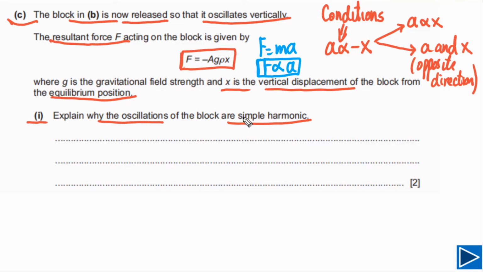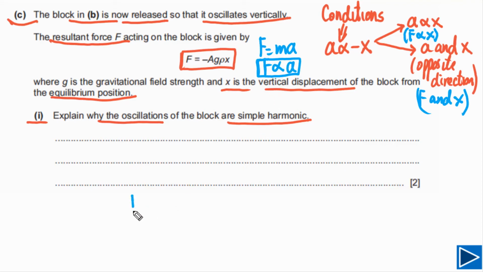In this case, the mass of the block is constant, so we can also say that F is directly proportional to x, and the directions of F and x are opposite: when x is positive, F has to be negative, and when F is negative, x has to be positive. If these oscillations fulfill these conditions, then we can say these oscillations are simple harmonic.